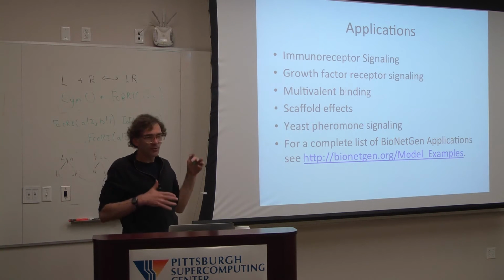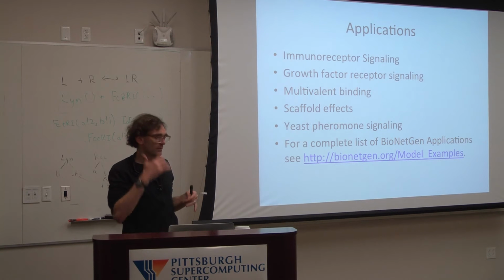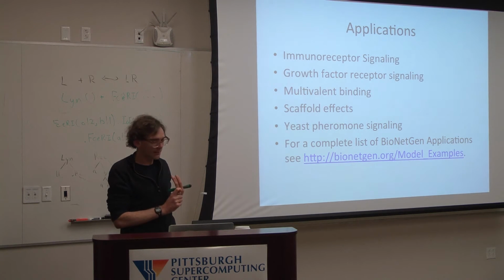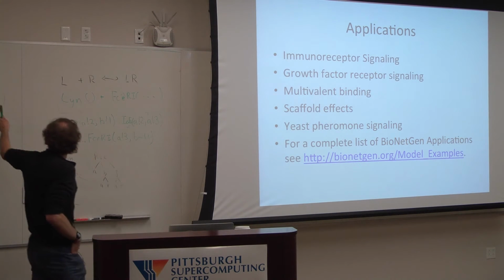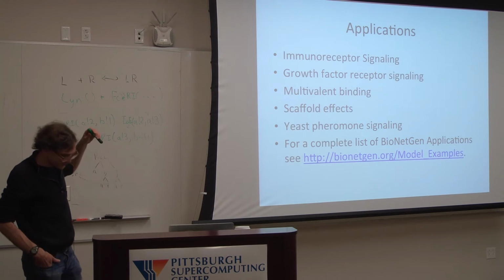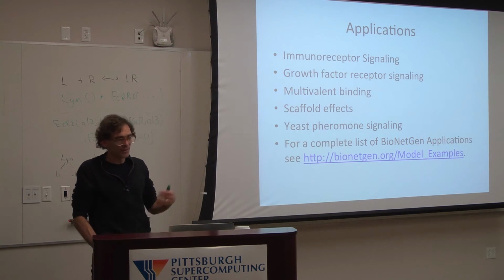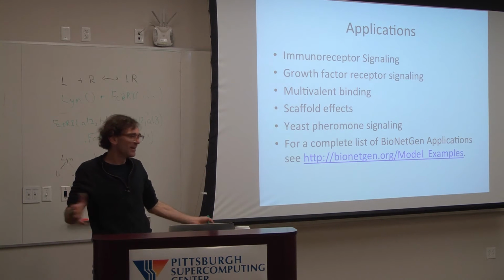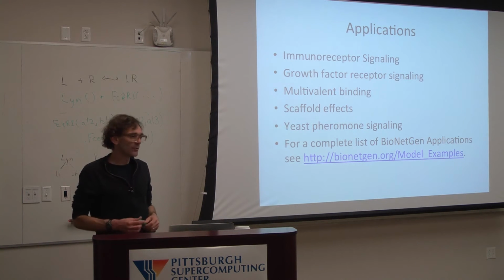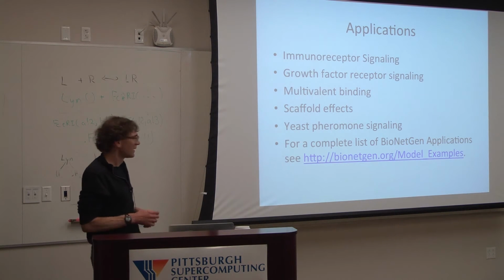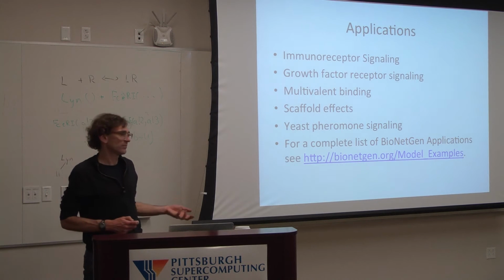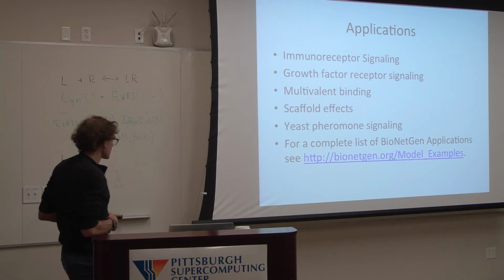If you export the models to MATLAB, either as MEX files or as M files, this allows you to do parallel tempering Bayesian Monte Carlo to do parameter estimation. So it's a typical problem. You have a model and you have some data and you know only a handful of the parameters for that model, and there might be 40 or 50 different kinetic parameters for your model. How do you fit that model to data?